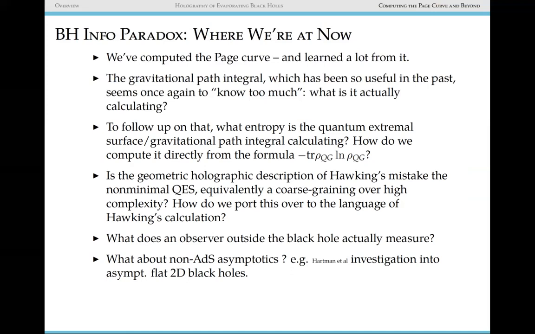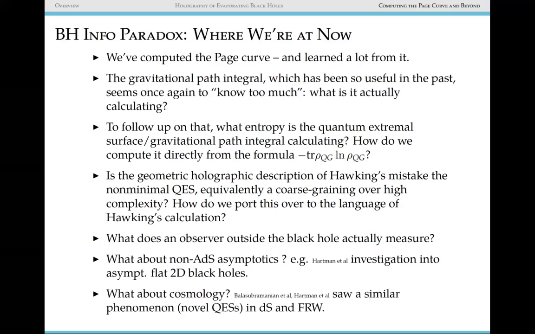A new quantum extremal surface gives you the Page curve. Now, we don't really understand non-AdS asymptotics as well. In AdS/CFT, we have a really good understanding of the partition function of quantum gravity in terms of the partition function of the dual CFT. But with non-AdS asymptotics, if you're willing to buy the gravitational path integral, then in some sense, we have made progress on that front as well.